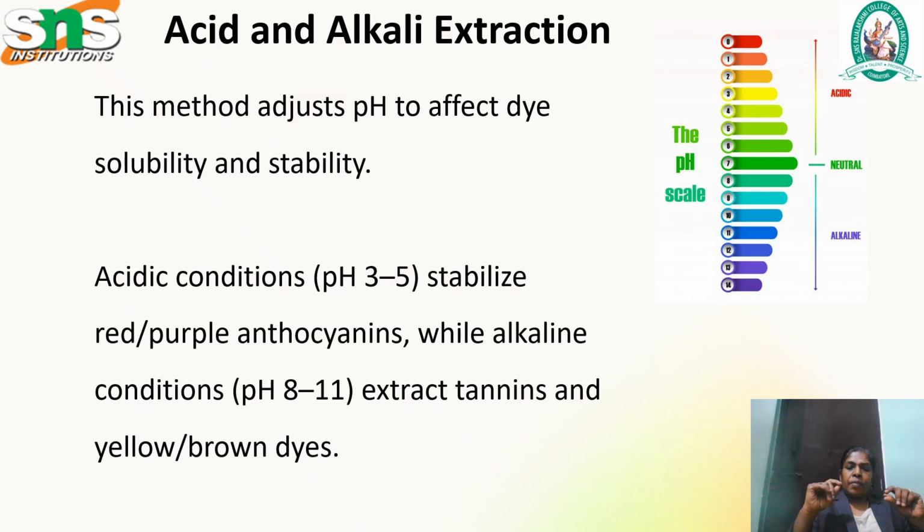In acidic conditions, red or purple anthocyanins are very stable, while alkaline conditions extract tannins and yellow brown dyes. So you can just adjust the pH of the particular extract, that is, the solution bath, and then try extracting the dye from the particular source.